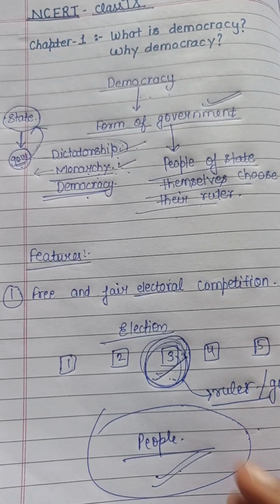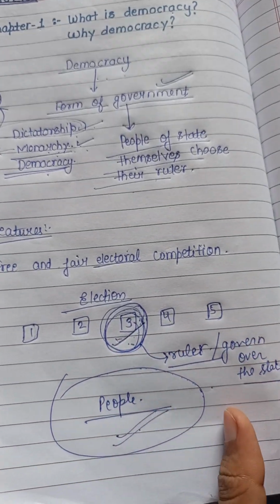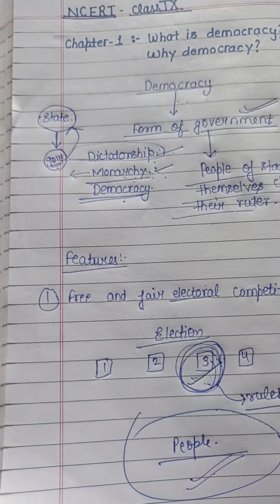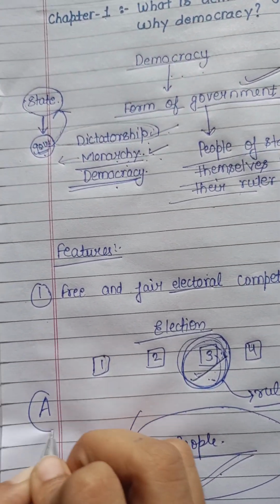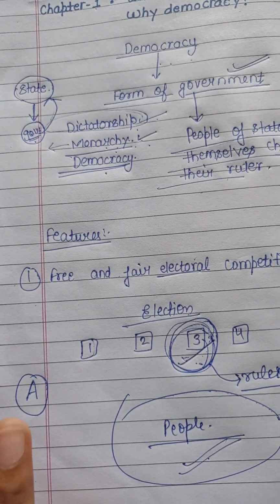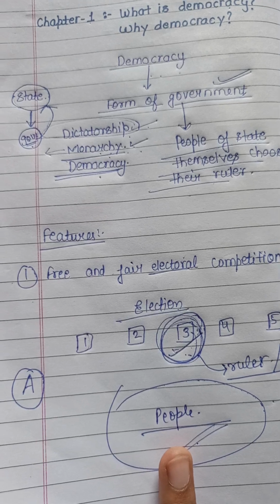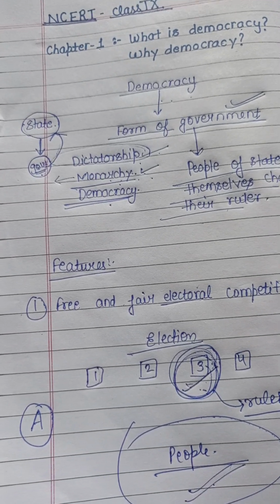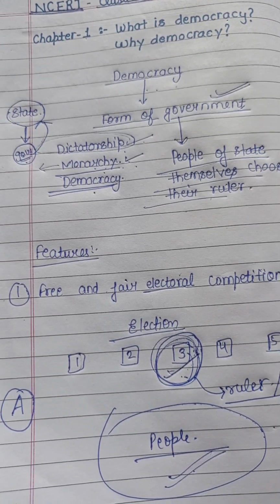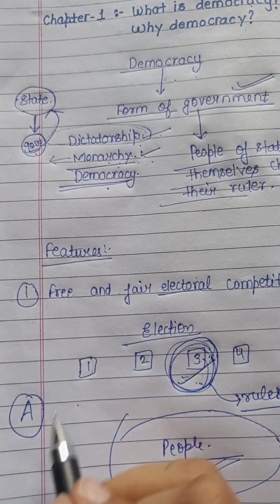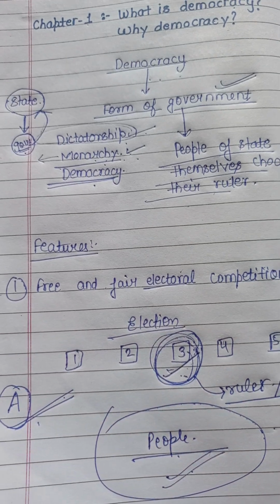Let's say contestant 3 is governing the state, but actual decision making power is lying in the hands of, let's say, person A, who is not elected by people. The confidence and trust of people is with contestant 3, not with person A. So how can person A go for decision making?